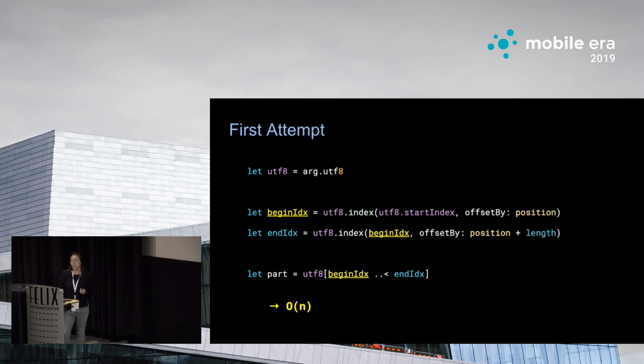Since we were reusing the begin index in the same string, it was safe to do so, and we saw some improvements in the speed. But it was still not fast enough. It's still O(n) because it still needs to calculate the first index. And even with the UTF-8 view, it still performed the linear scan.